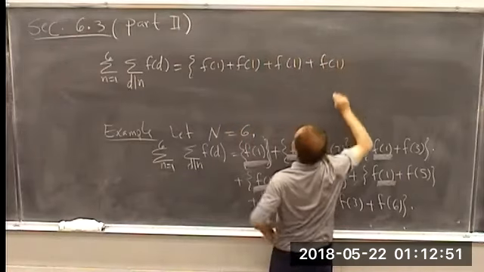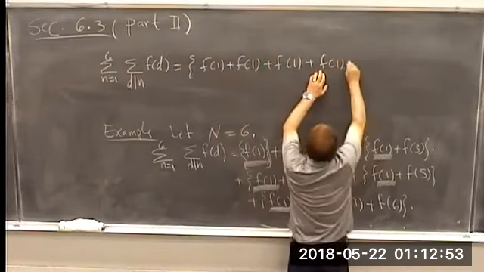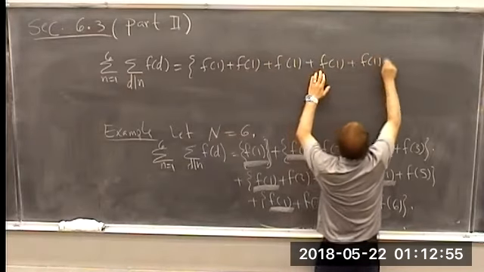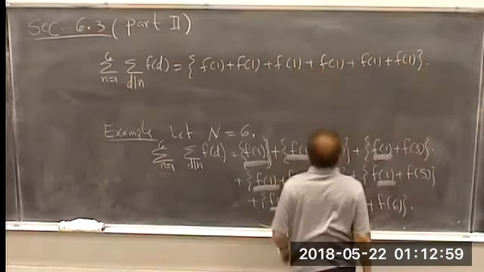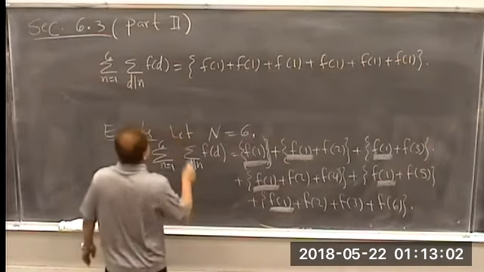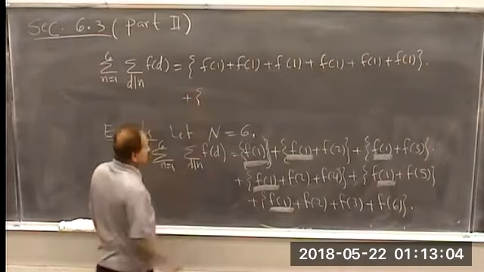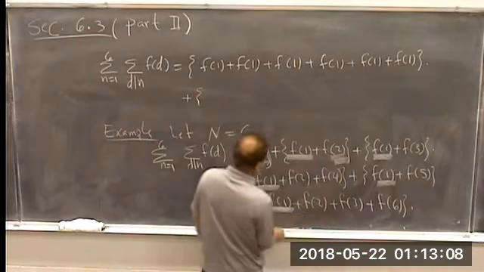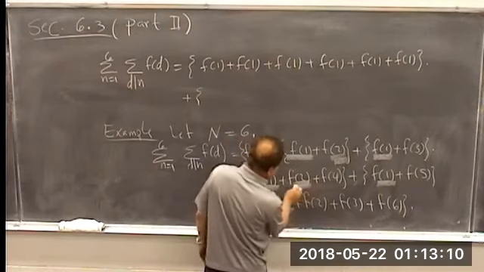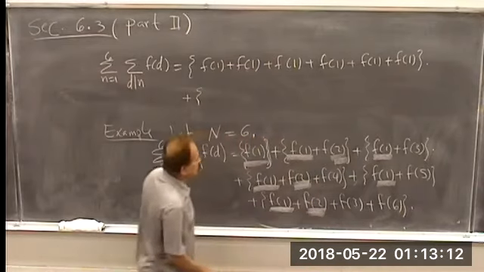How many so far do we have? 1, 2, 3, 4, 5, and 6. Now let's look at f of 2. For f of 2, we have 1, 2, and 3. So there are 3 of those.